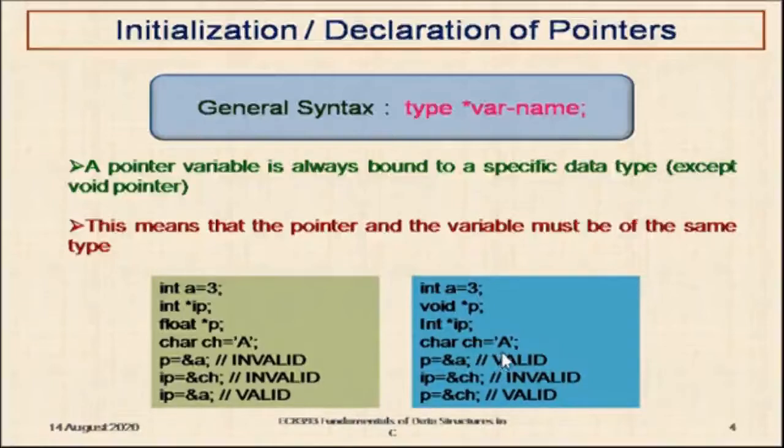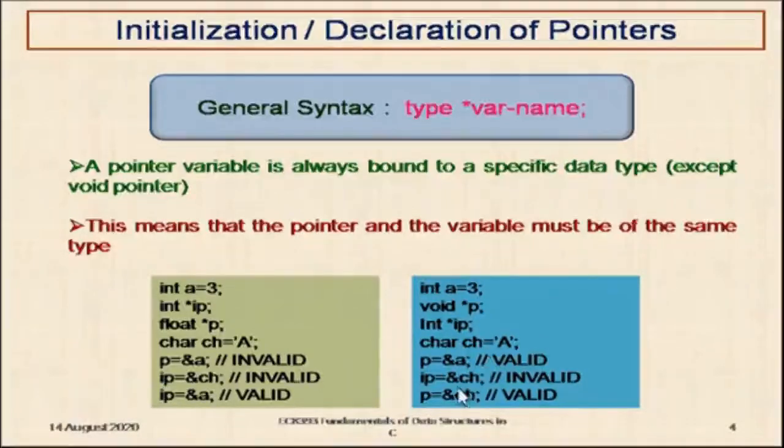char ch = 'a'. So p = &a. Here p is the pointer of type void, a is the variable of type int. But this is correct because p is the void pointer, or we can call it a general purpose pointer. Why? Because it is able to point to any type of variable or operand or data.